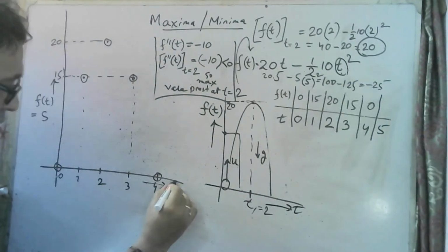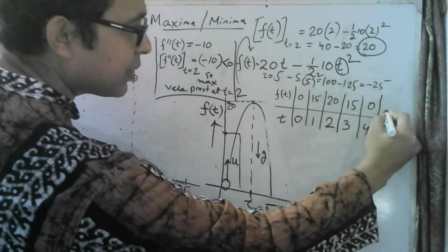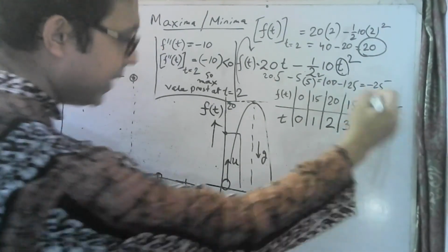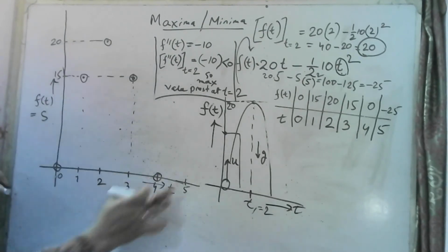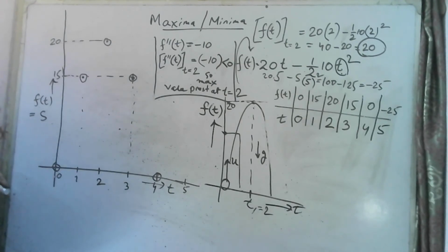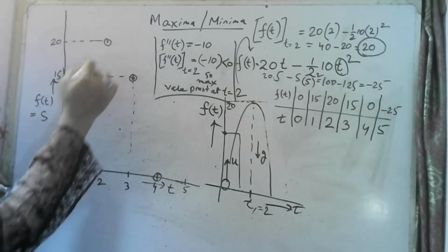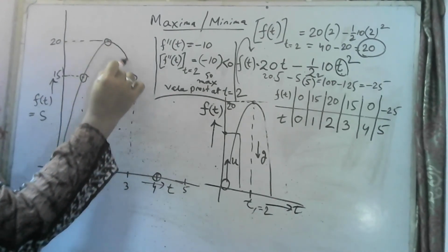When you reach further, at that time your f(t) value will be negative. That means if this is your 20, this will be much over here, much at the bottom. So your curve is something like this, moving like this.